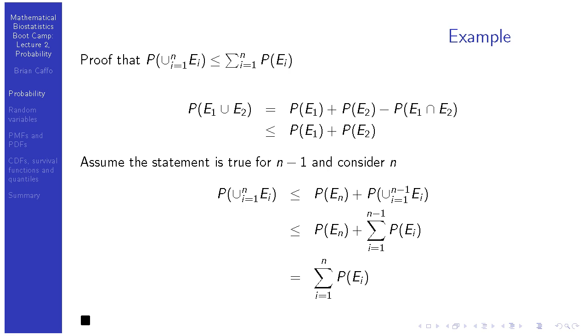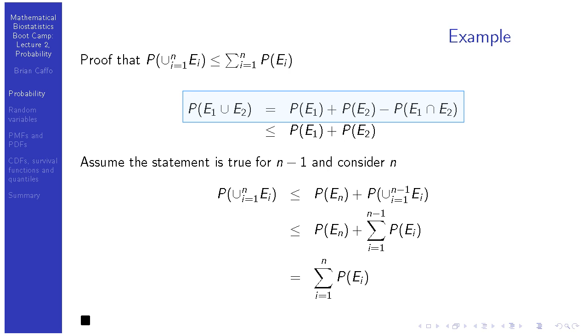So let's consider just 2 events. Probability of E1 union E2. Well, that's by one of the other consequences of the probability rules that we investigated. That's equal to probability of E1 plus the probability of E2 minus the probability of E1 intersect E2. And here I'm assuming that we've gone ahead and proved that one as well.